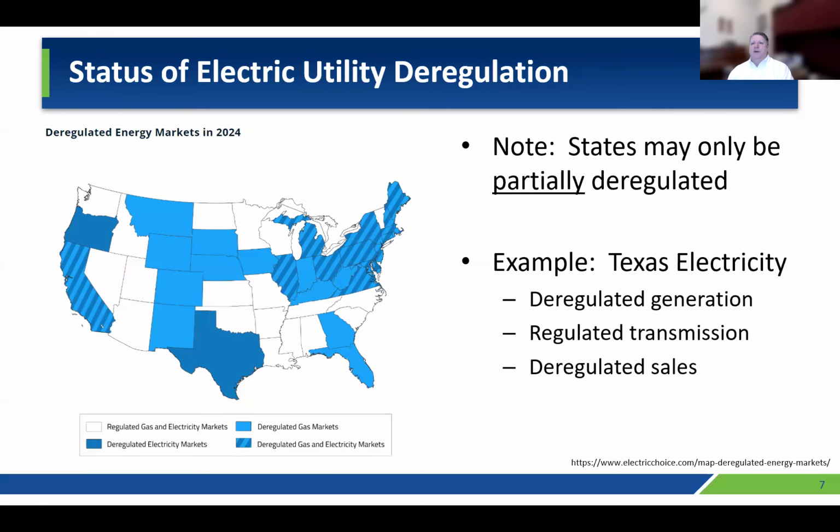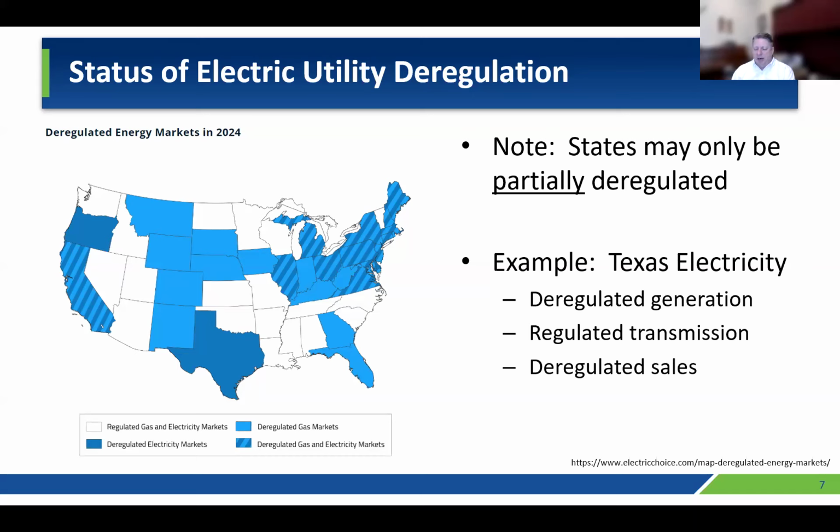Along with airlines and a few other things that were deregulated at the end of the 1900s, electricity was in the process of being deregulated across the country. And then with some high profile problems, some of those deregulation efforts stopped, or maybe are only part way in place.